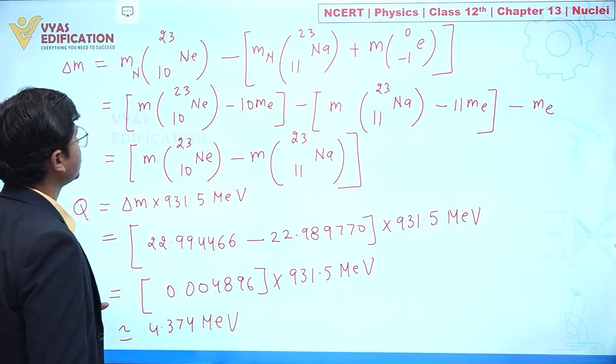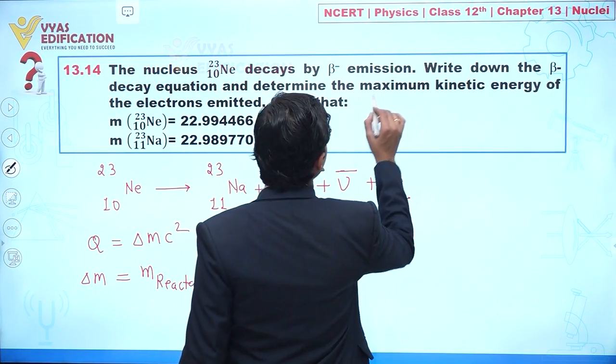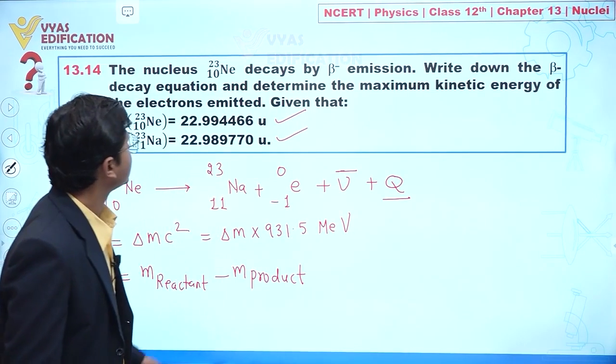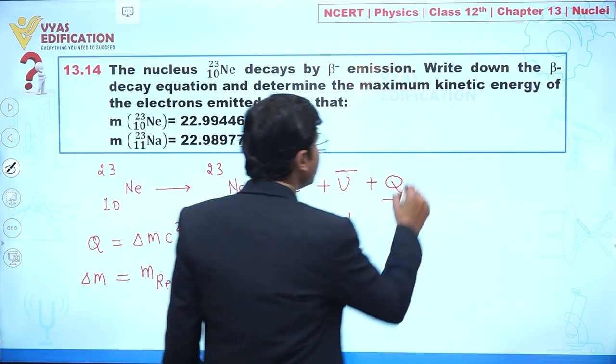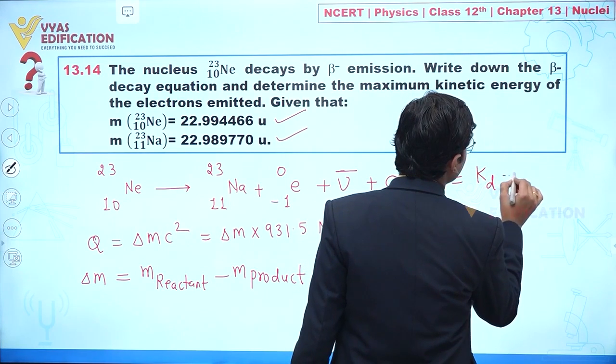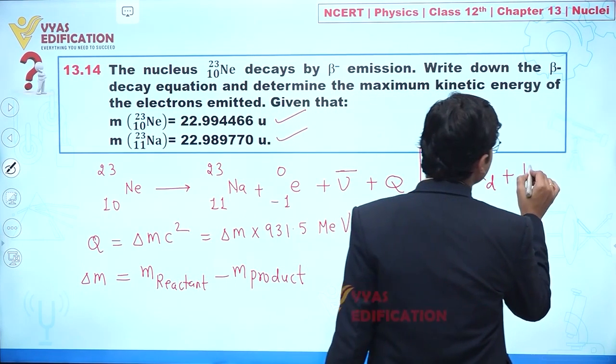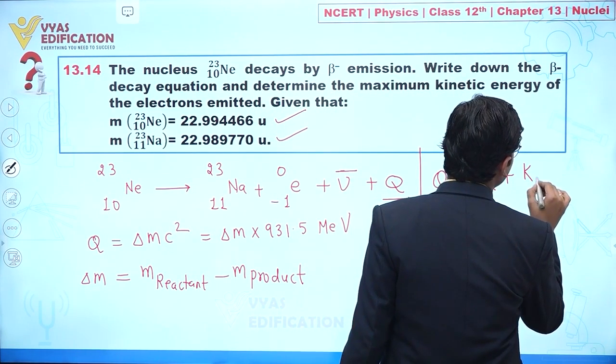But what is my objective? My objective is to find maximum kinetic energy of that electron that is emitted. Clear? So now you can say this Q value is actually giving kinetic energy to this daughter nuclei, plus that is beta minus.